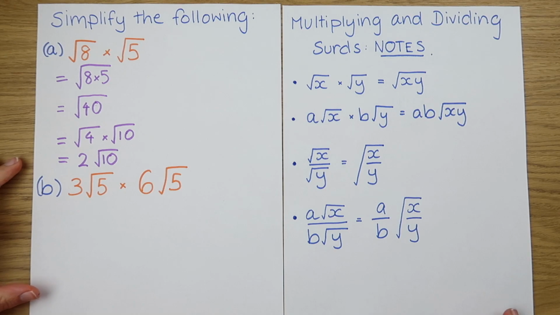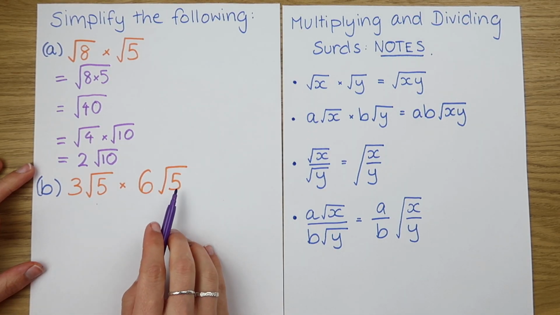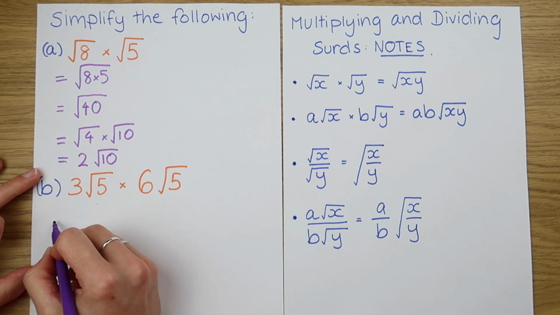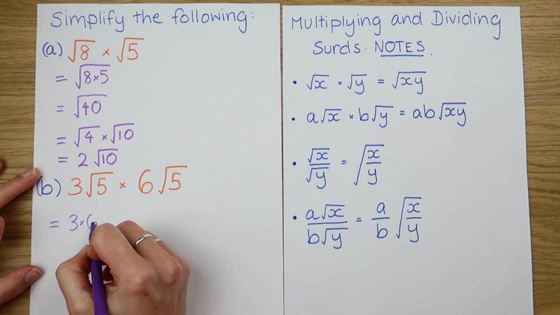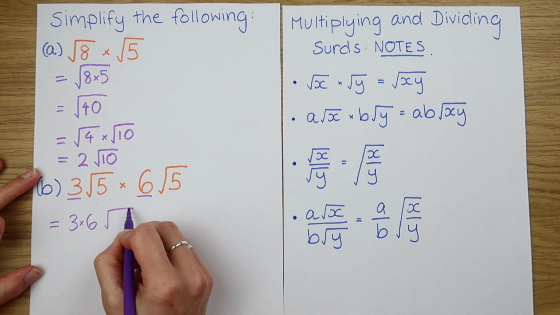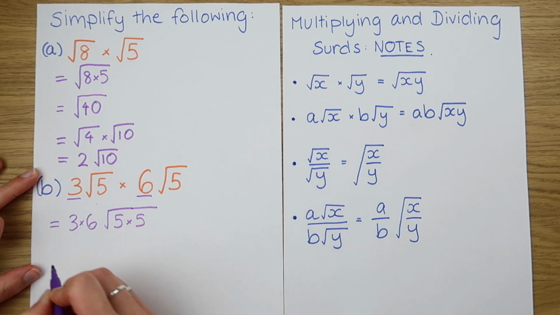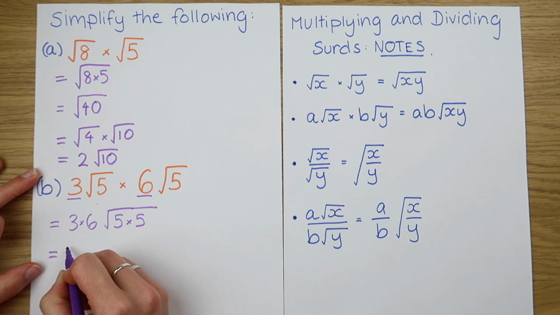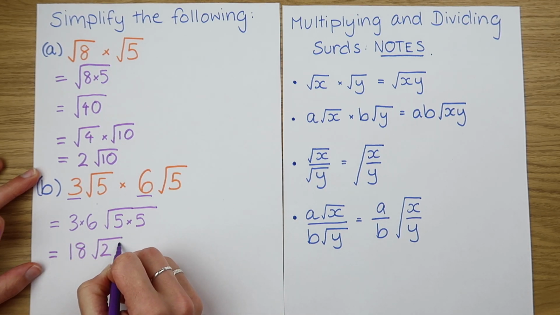So if I've got 6 and 3 outside and 5 and 5 underneath, this is going to end up being 3 times 6, they combine out the front, times 5 times 5. So this will give me 18 square root of 25.